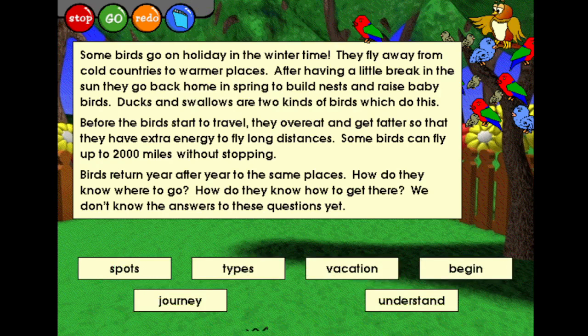Click on one of these words, then click on the word in the text which has a similar meaning. Understand, know. Journey. Travel. Begin. Start.